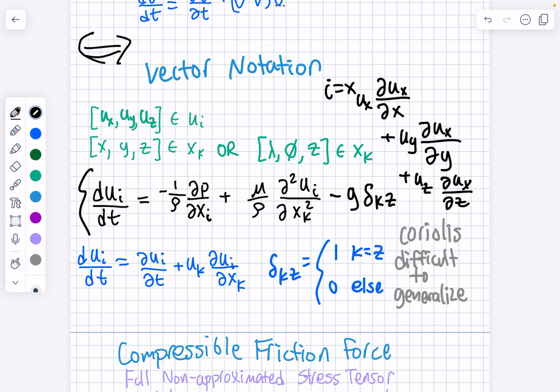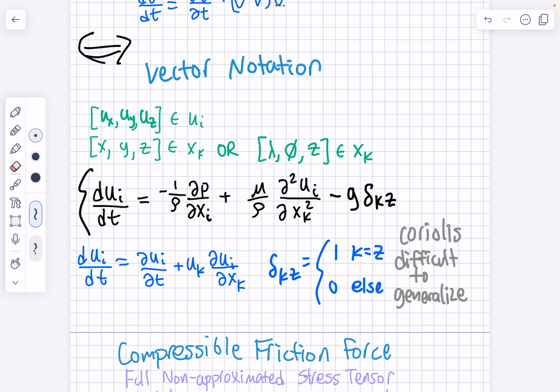So again, that's 9 things, basically. 9 separate terms, that's the word, terms.